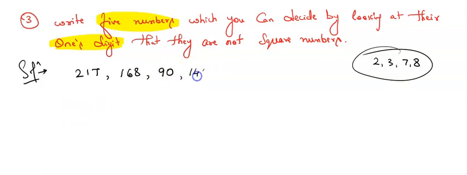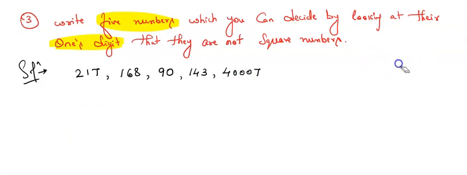Next 143, even this is also not a perfect square. Then you can take one more, 40007. Yes, even this is also not a perfect square. By seeing the unit digit only, directly we can tell that these numbers are not perfect square numbers.